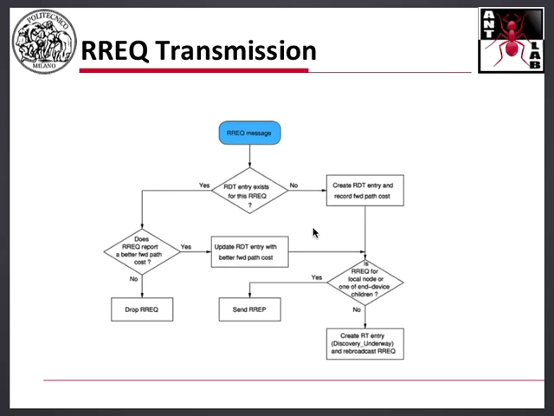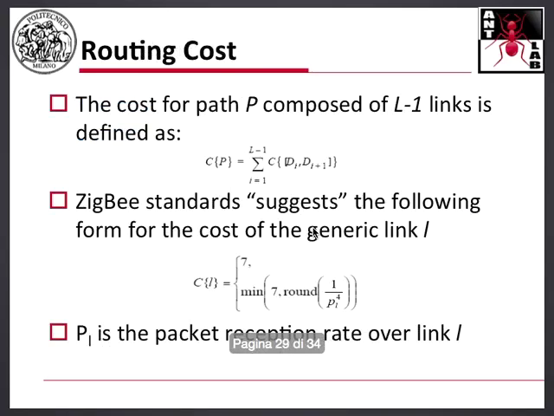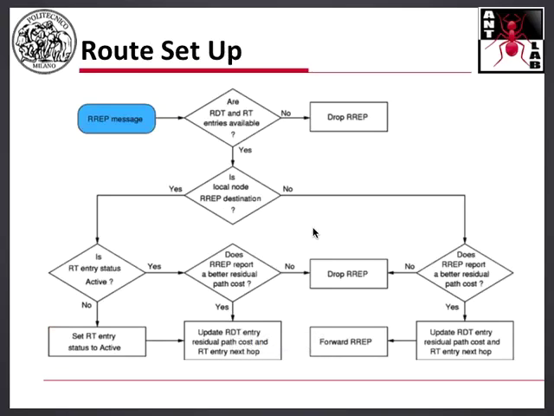That's for route setup. So this is the case where we are actually receiving a route reply. Okay. So if we are receiving a route reply, the first test we have to perform is whether there is an ongoing route request phase at the current node.